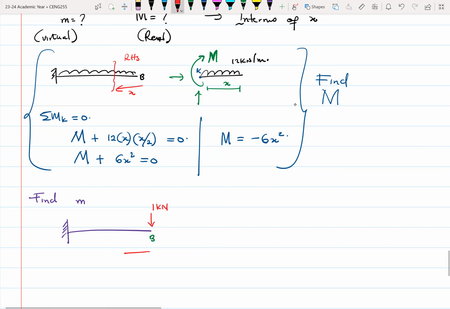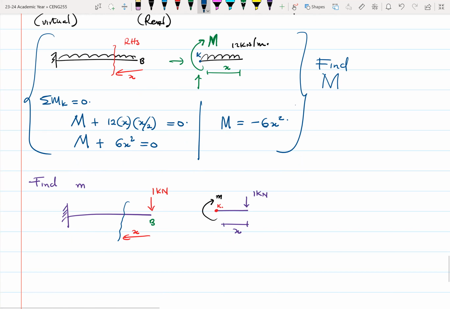So again, my X starts in this direction. I cut a section somewhere here, so I would have a beam looking like this. Again, I want to find small m. So I have a 1 kilonewton load. This distance here is X. Let me call this point K. So the summation of moment at K equals 0.